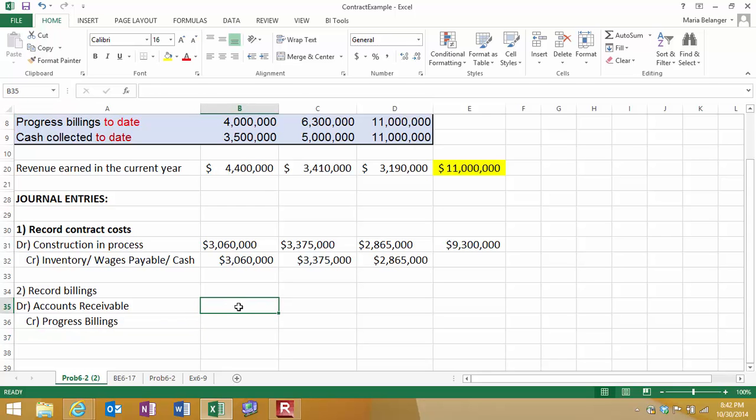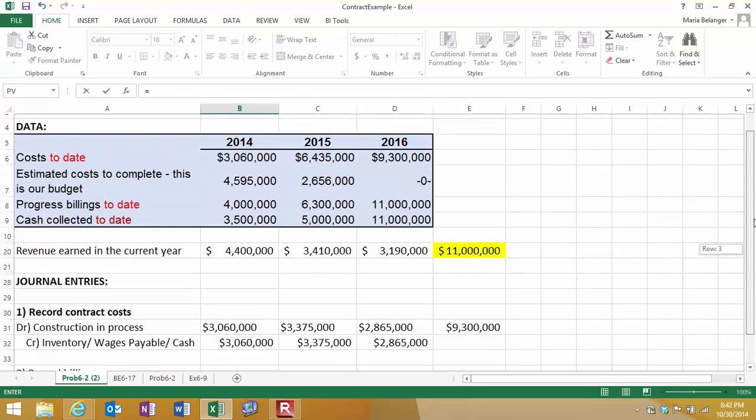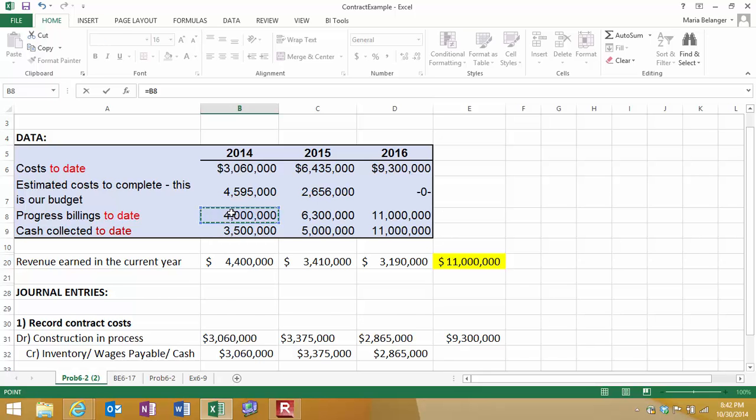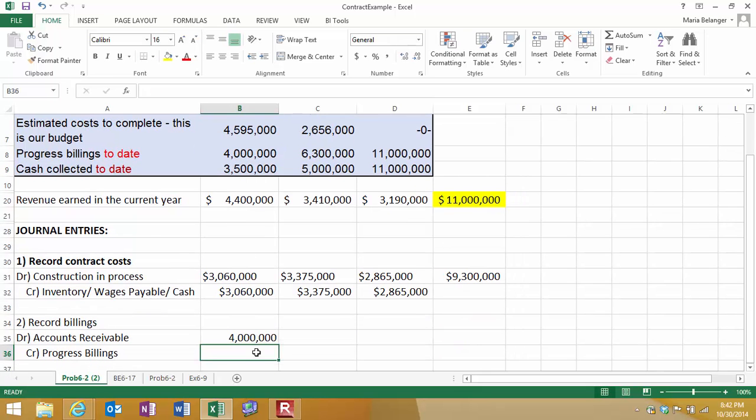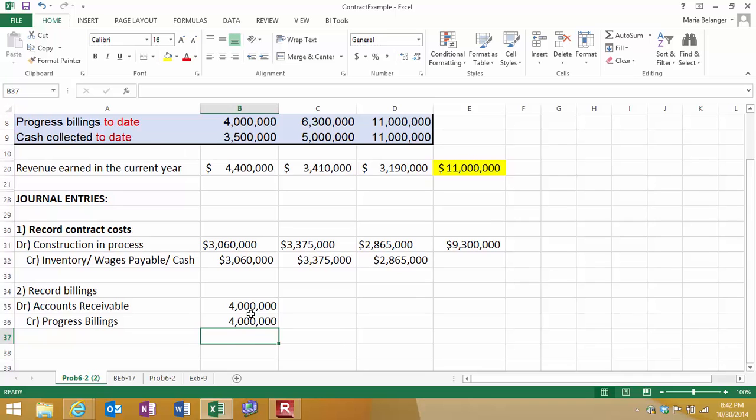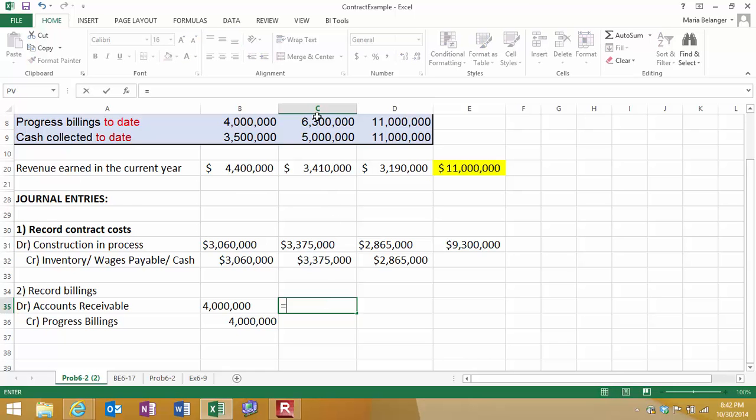So my accounts receivable right here from my billings, and again my numbers are aggregated, so when I record the 2015 numbers, I have to subtract the 2014 numbers.